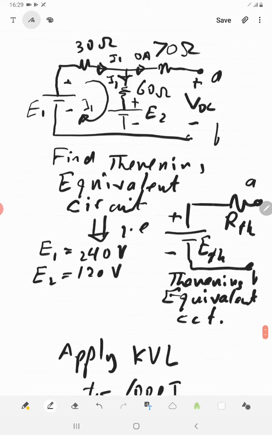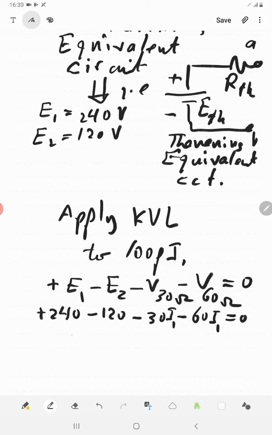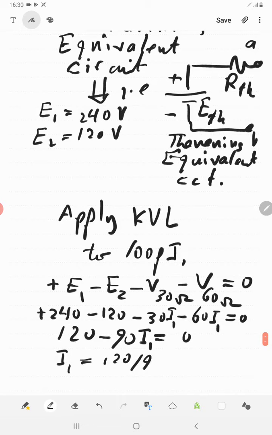Now we insert that. This will be plus 240 minus 120 minus 30 times I1 minus 60 times I1 equals 0. So we have 120 minus 90 I1 equals 0. So I1 equals 120 divided by 90, which equals 12 divided by 9, which equals 4 divided by 3 amps. Okay, so we found I1.